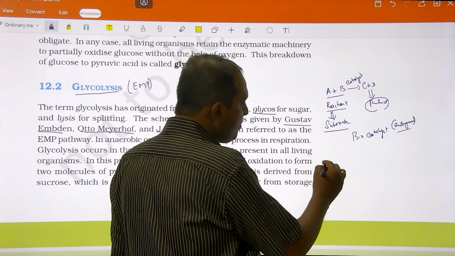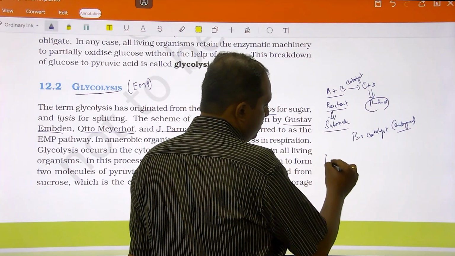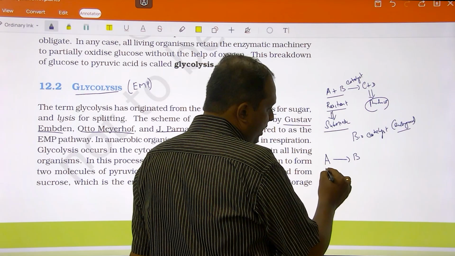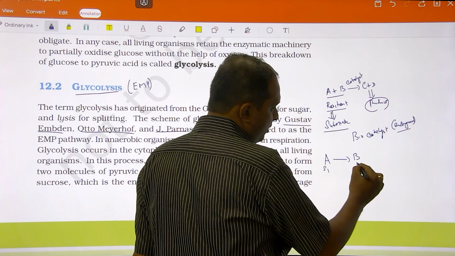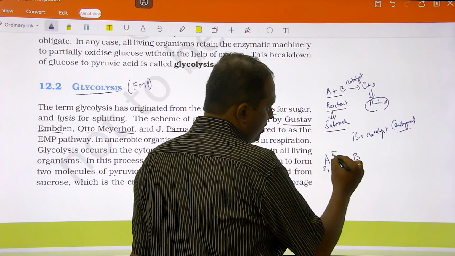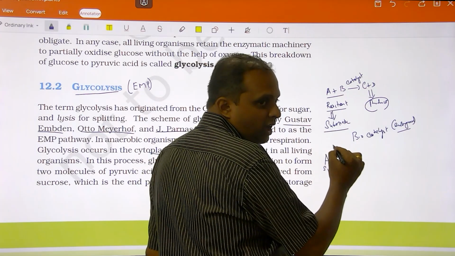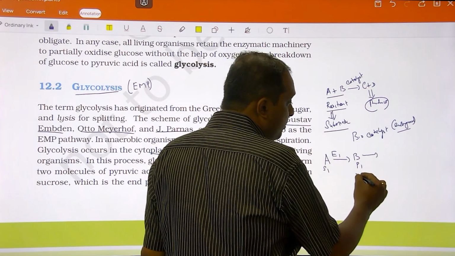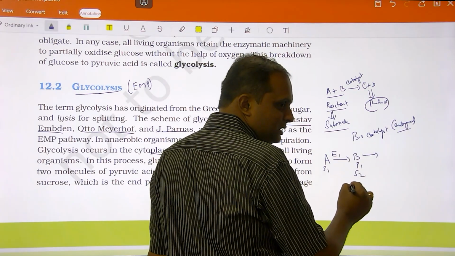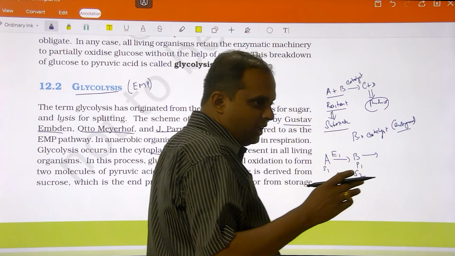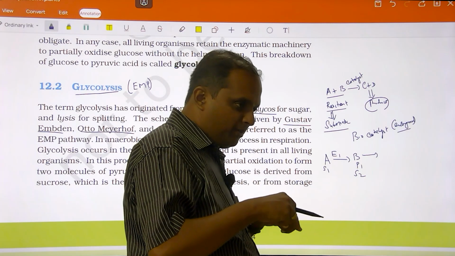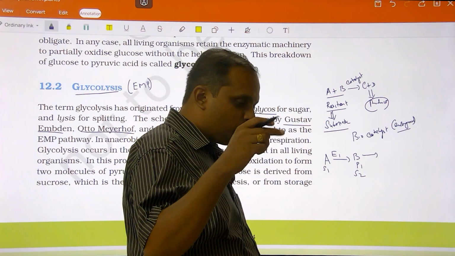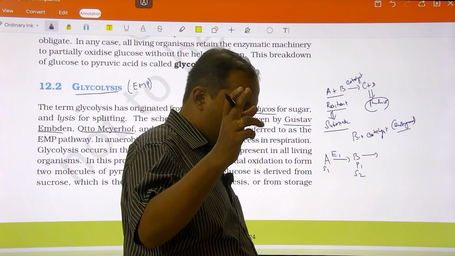Now, A to B is one chemical reaction. A is substrate 1, B is product 1, in the presence of enzyme 1. This is a biochemical reaction. Now this B will become substrate 2. As I said, you start from here and arrive at the university, so origin and destination.